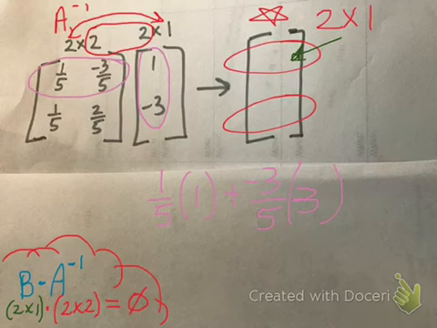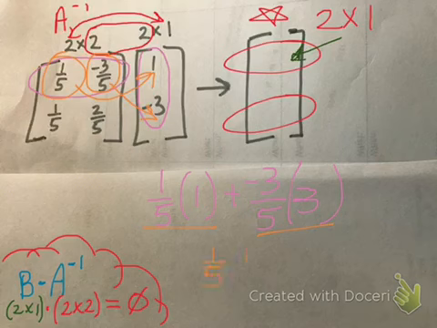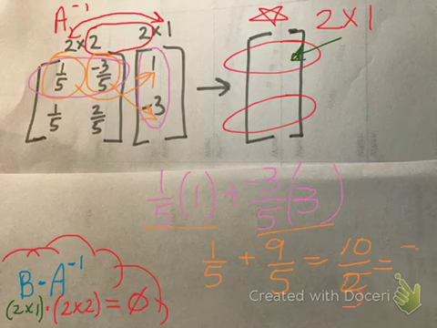So you take this first element times this element, and then this element times the second element, which is right here. So this gives me 1/5 plus a negative times a negative is a positive, 9/5, which is 10/5, which is equal to 2. That's the one number that goes in here. So that means that x is equal to 2 in my original problem.